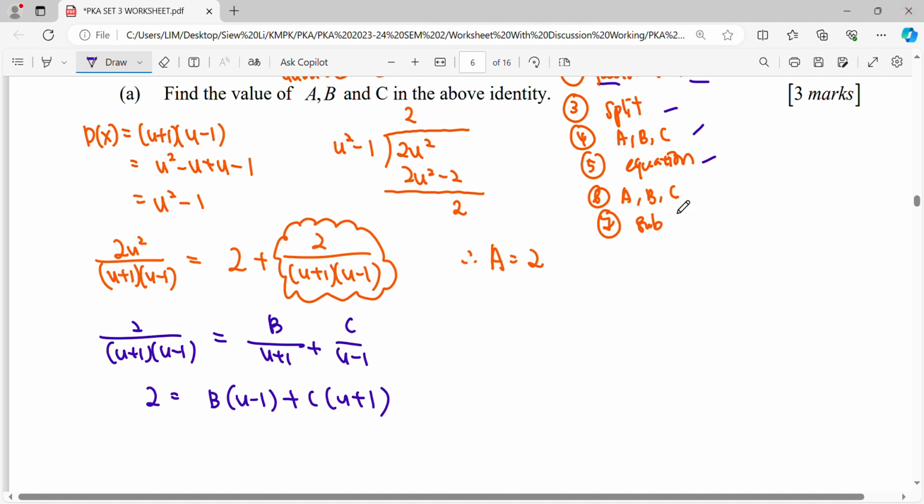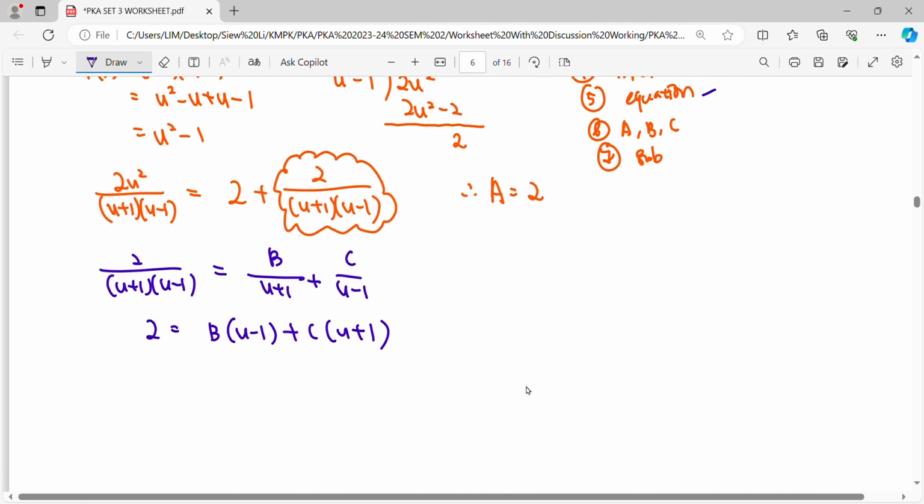Step number 6, to find your A, B, C. We have two unknowns here, B and C. To find them, you can use substitution or you can do comparison. For this case, we have two different linear factors, so it will be easier for us to use the method of letting u take values. We can let u be 1, and another u be negative 1.